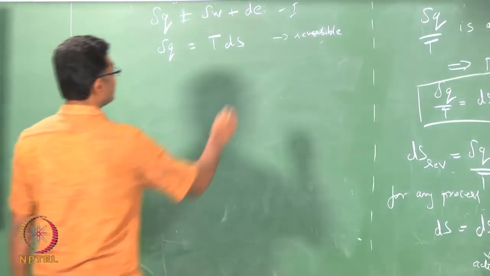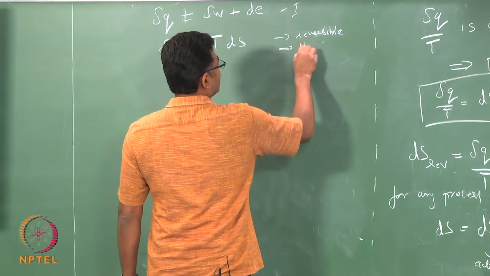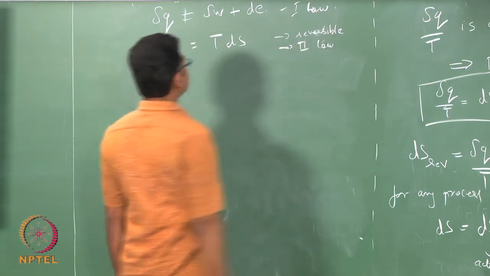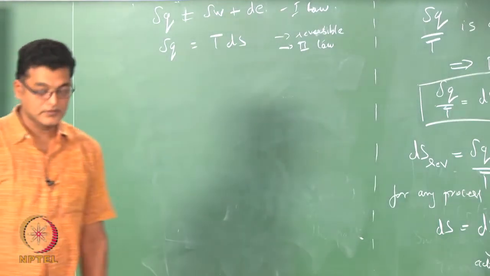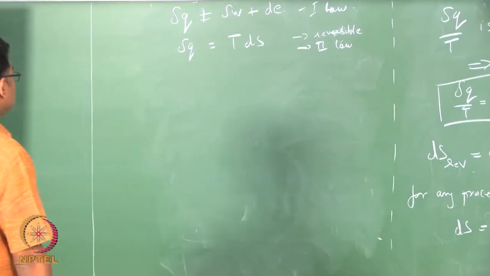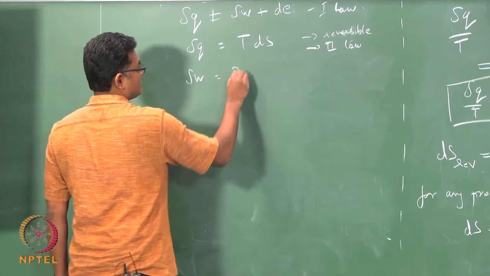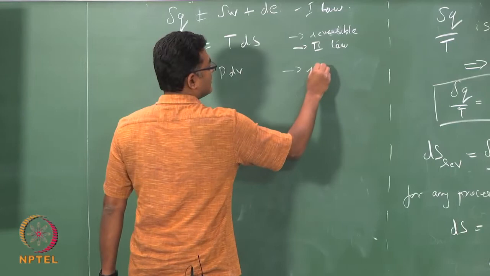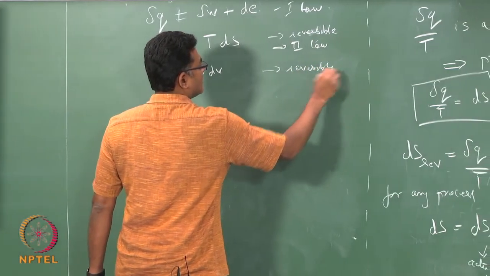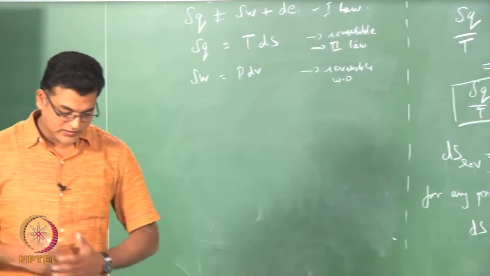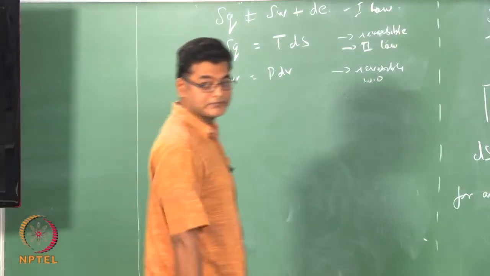Now, delta W you can write as PdV, which is your reversible work done due to change in your volume.